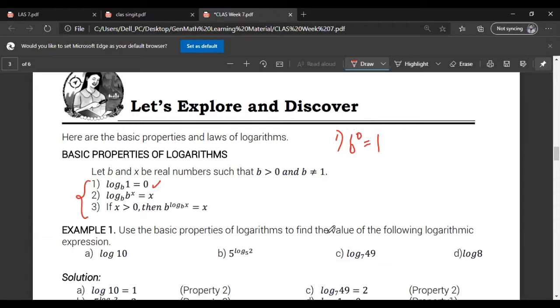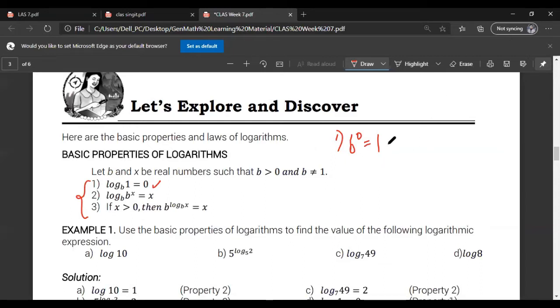Therefore, any number raised to 0 except 0 is 1. So any base that has an exponent of 0 is equal to 1, except when the base is 0. Okay? B should be greater than 0 and b is not equal to 1. Because in logarithms, negative, 0, and 1 are not allowed as the base.